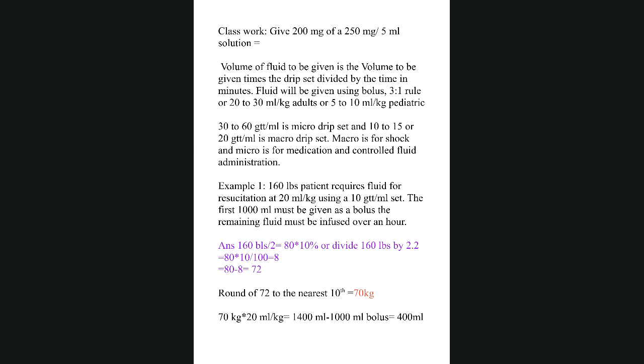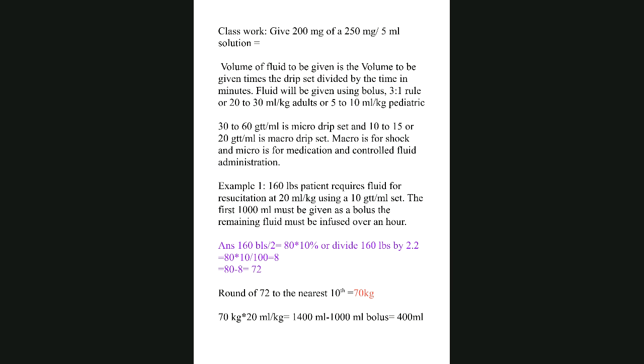Now, if it's a micro drip set, it is 30 to 60 drops per mil. If it's a macro drip set, you will see 10, 15, or 20 drops per mil. Now, what does that mean? If it's 30 or 60 drops per mil on a micro drip set, it means that it takes 30 or 60 drops to get a mil.